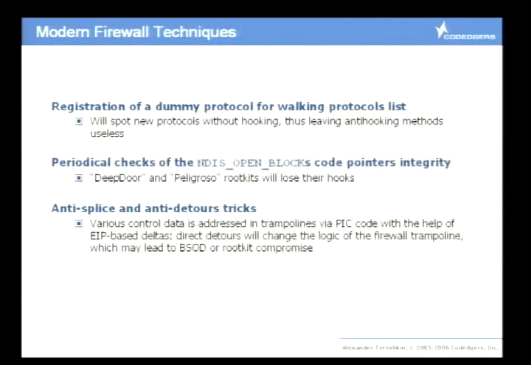This way, Deep Door and Peligrosa rootkits may lose their hooks because they just repatch the original firewall pointers in these structures, like in this open block and this protocol block.